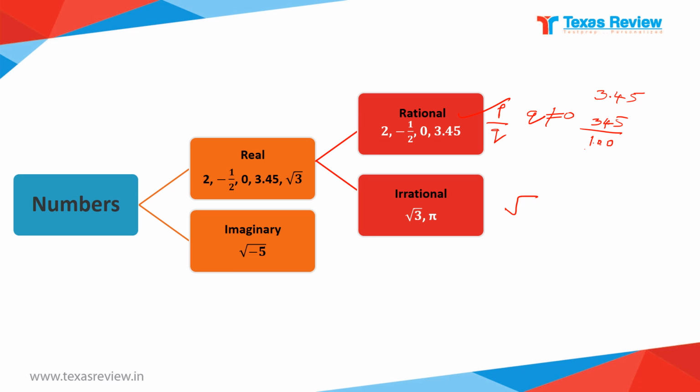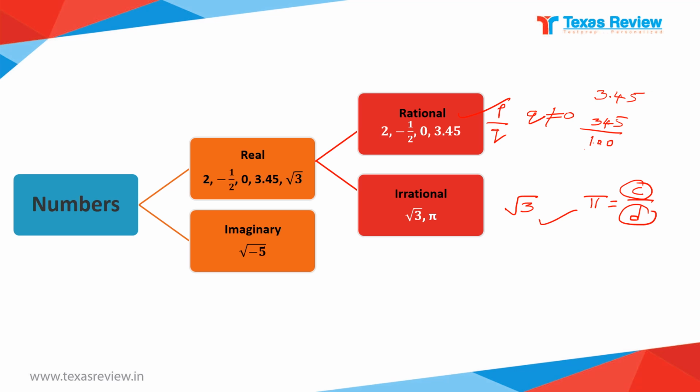You cannot express root 3 in the form P by Q, so root 3 is irrational. And pi, what is pi? Pi is the ratio between circumference and diameter of a circle, but we don't have two integers where you can express pi as P by Q, so pi is irrational.